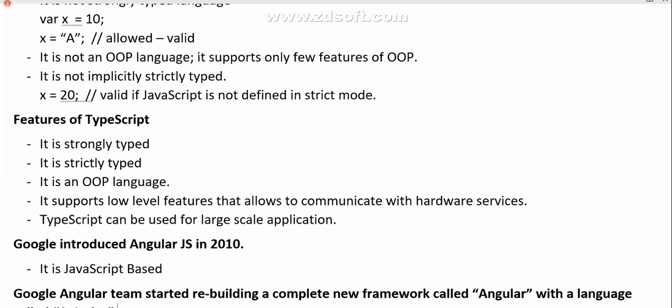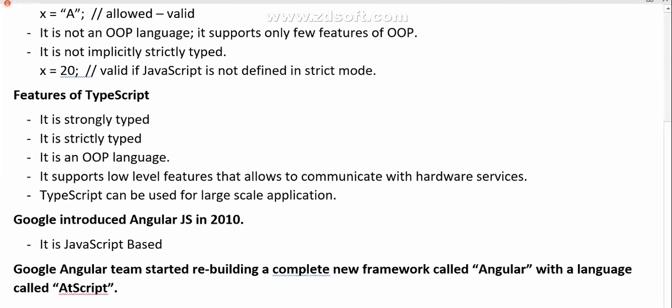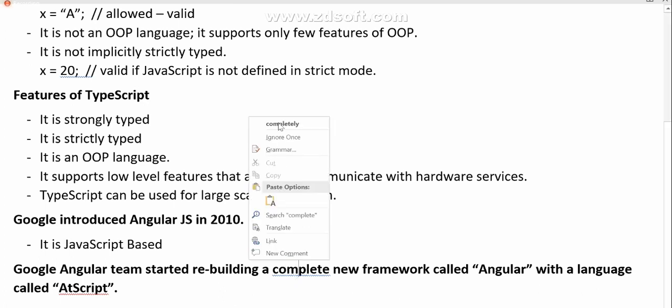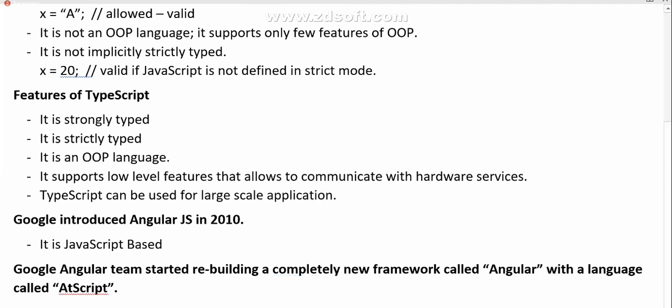They started a language called EdScript. EdScript is the language started by Google to address the issues of JavaScript.